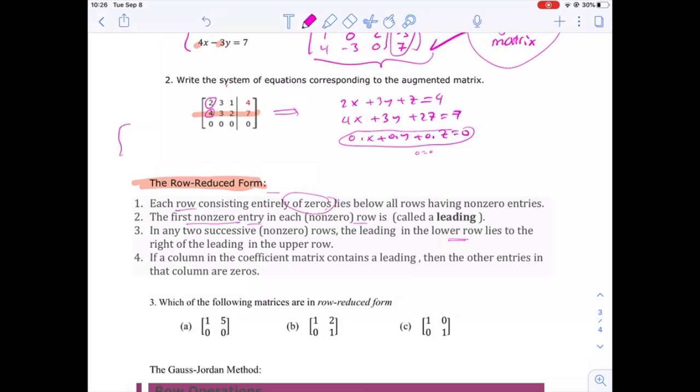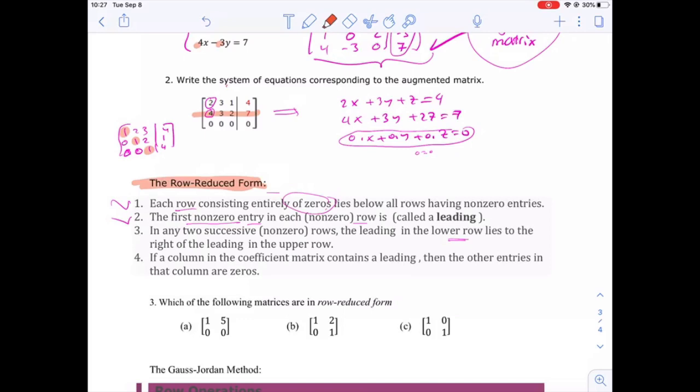For example, if we have this matrix here, look at this matrix. Here the first condition is satisfied. If we have a row that consists entirely of zeros, it will be at the bottom of the matrix. We don't have that row, so we are fine. The second condition is that the first non-zero element in each non-zero row is the leading number, so this is the leading number.